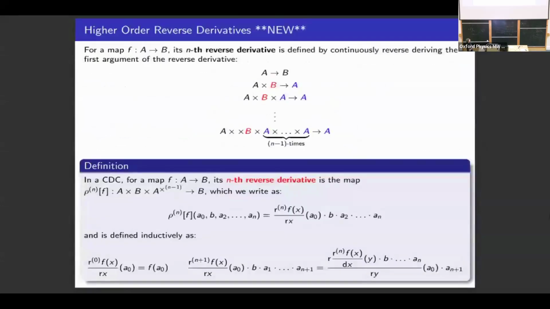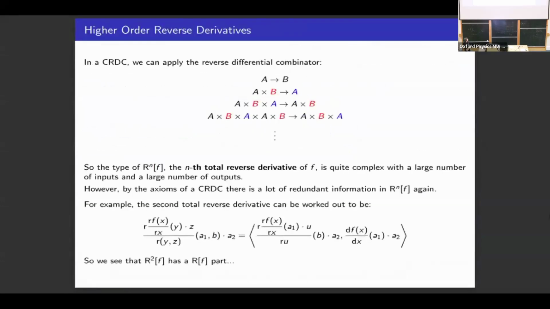The Bell numbers would appear when you try to give expressions of the domain and the codomain for the higher order reverse total derivative. Aaron did mention this to me, and I went, oh, that's too complicated, I don't like that. But that's where they would appear.